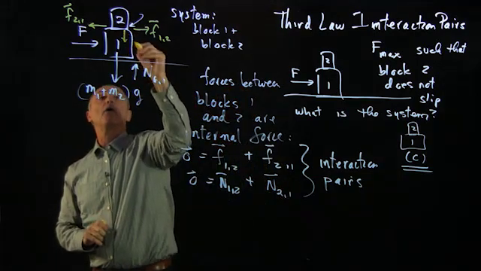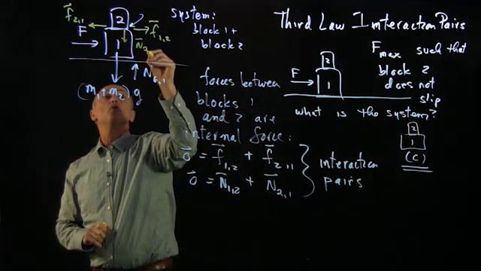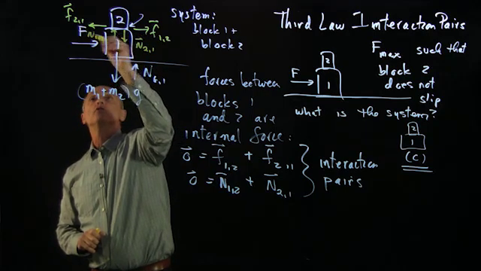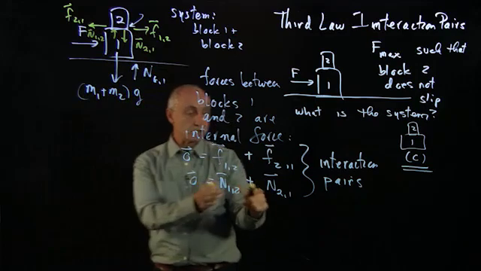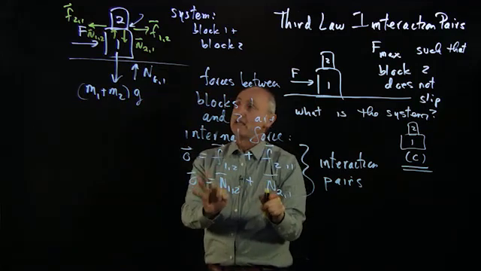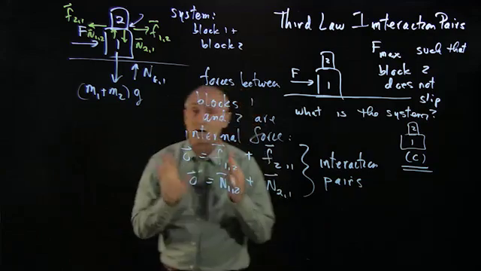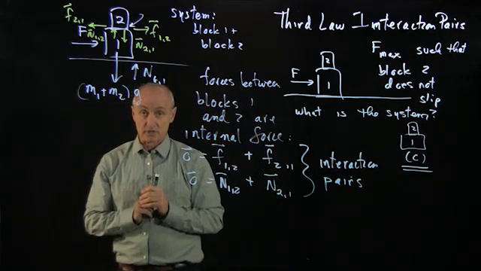I would have the arrow N21 and the arrow N12, arrows in opposite directions. The interaction pairs sum to 0 because they are internal forces.